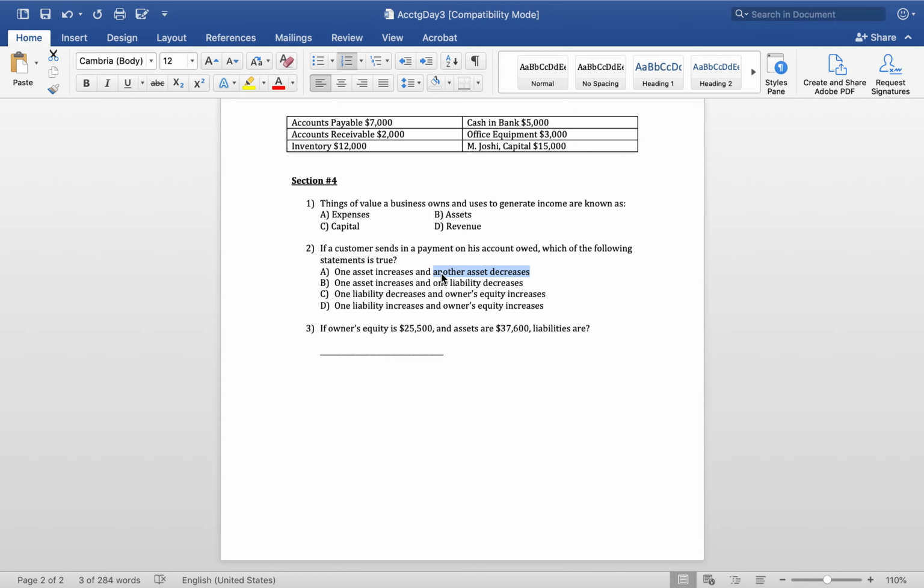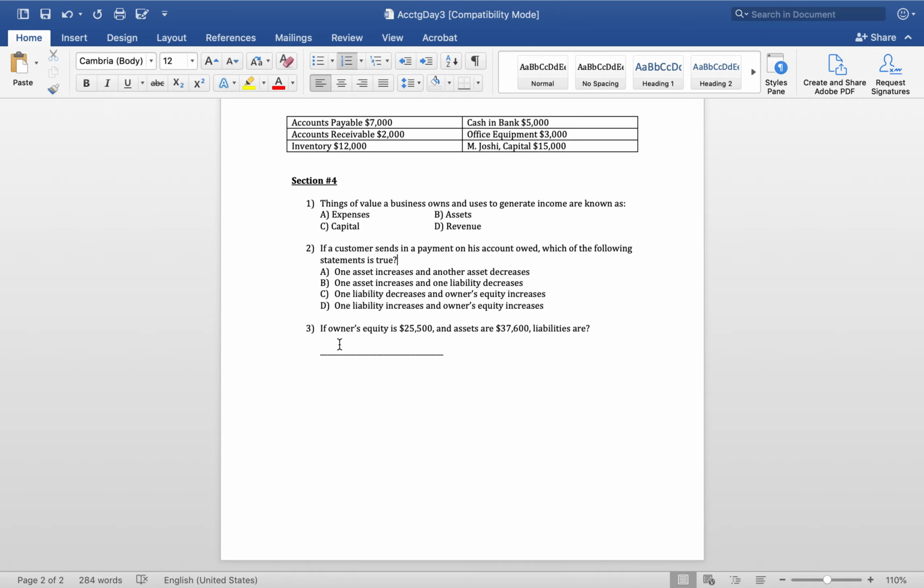That wouldn't affect owner's equity because we are going to record that earlier, so those are automatically out. One asset increases, one liability decreases wouldn't make any sense because it's somebody else's debt, not our debt.